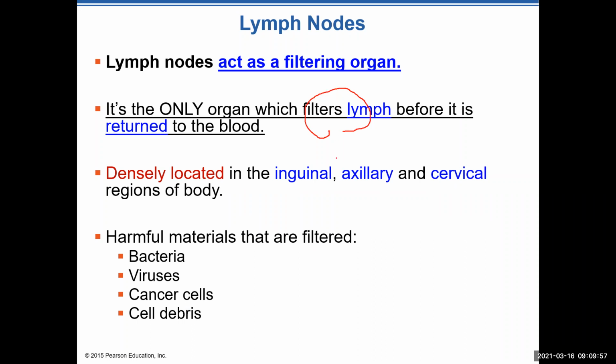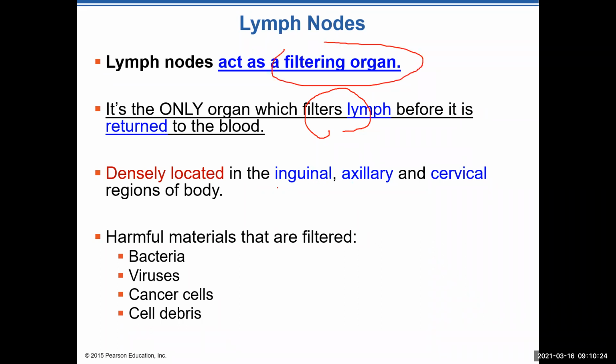Whatever cancer cells, microorganisms, or viruses have managed to enter the lymph from the interstitial fluid or interstitial spaces, that lymph is first filtered by these lymphatic organs called lymph nodes, and then that lymph is sent to the blood. So we can say that it acts as a filtering organ.